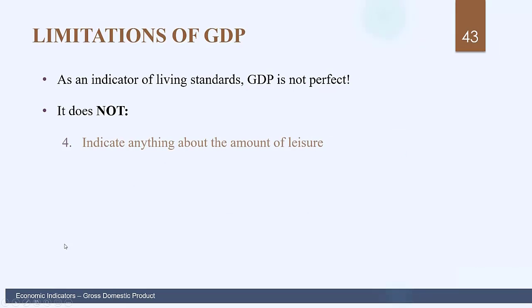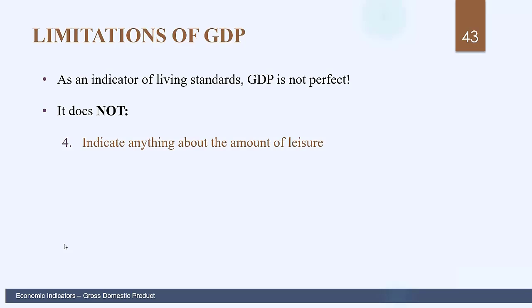As well, gross domestic product doesn't say anything about the amount of leisure. Leisure is not bought or sold in a market, so it's not going to have any value associated with it, and so it's not included in the official GDP statistics. Now, if you remember the diagram that showed the significant increase in real GDP over the last 100 years, what's not in there is that the average hours worked 100 years ago was much more than it is now.